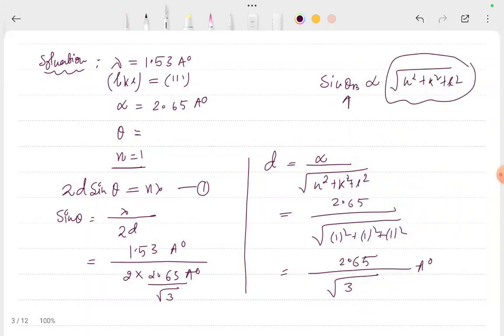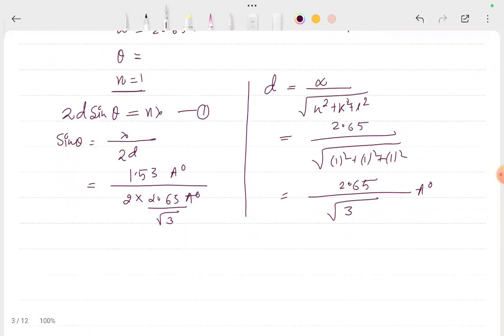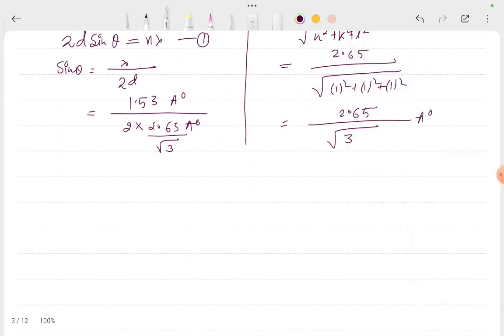Okay, so now this value equals 1.53 into root 3 upon 2 into 2.65. You can calculate this value using your digital calculator in your phone or PC.